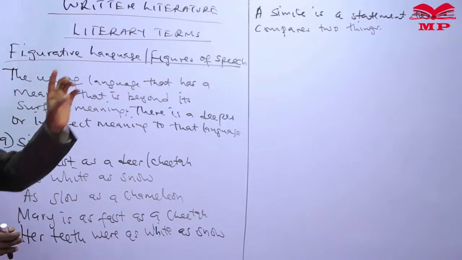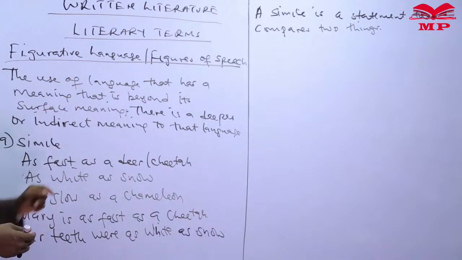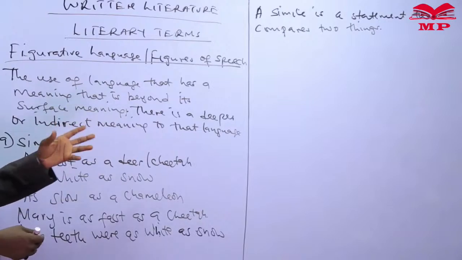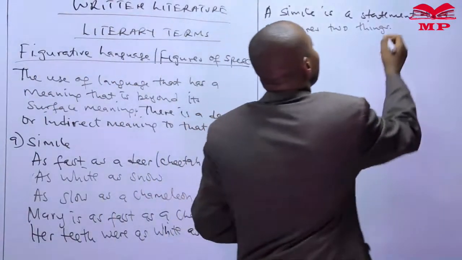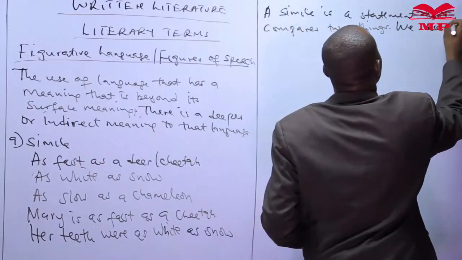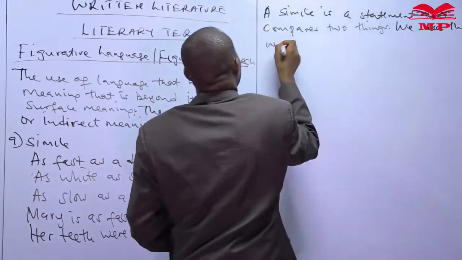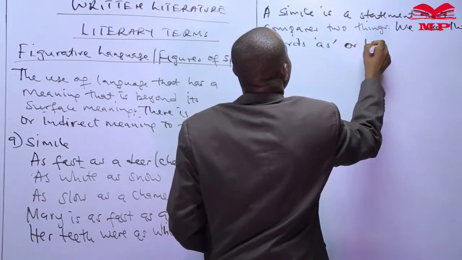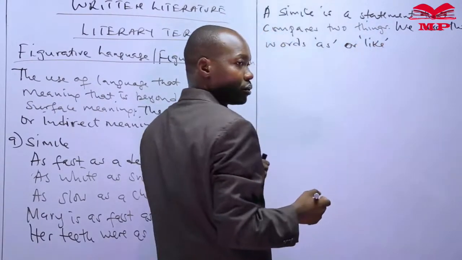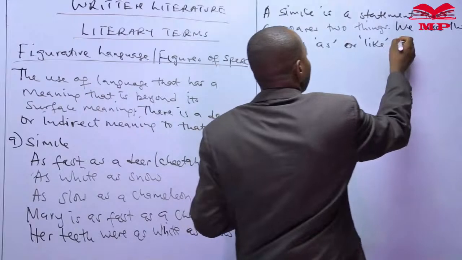Now you are comparing 2 things or even people. So this is a simile. We use the words as or like for the comparison.